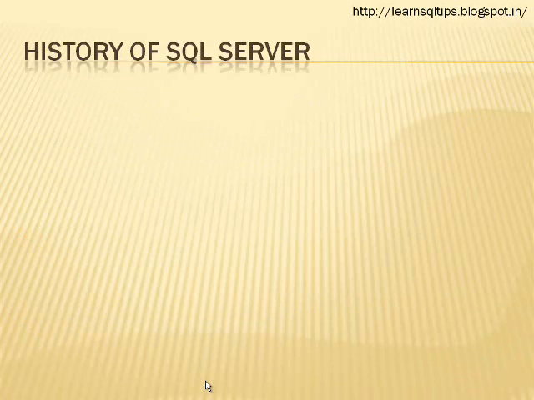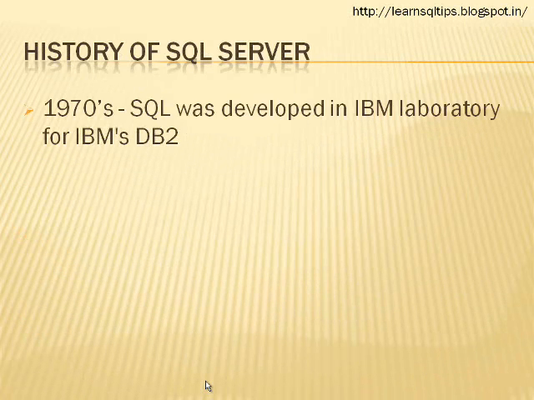Now, let me tell you what is the history of SQL Server. In IBM laboratory, SQL was developed in the late 1970s in San Jose. It was originally developed for the IBM DB2 product. Later, SQL language was used in developing other RDBMS systems like Sybase. In 1987, Sybase released SQL Server for Unix. Later, in 1990s, Microsoft and Sybase together launched SQL Server for Windows NT.